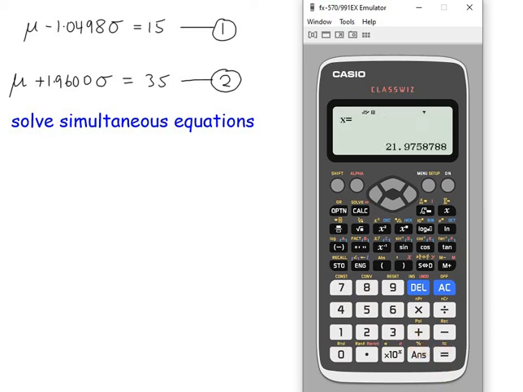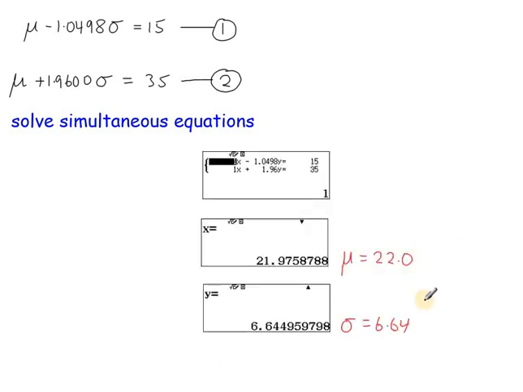And when we press equals, this value represents the unknown that was on the left hand side here, so that's the mean. And pressing equals again, the second value represents the unknown here, so 6.64 is the standard deviation. So to three significant figures, the mean and the standard deviation, and these were the displays on the calculator.